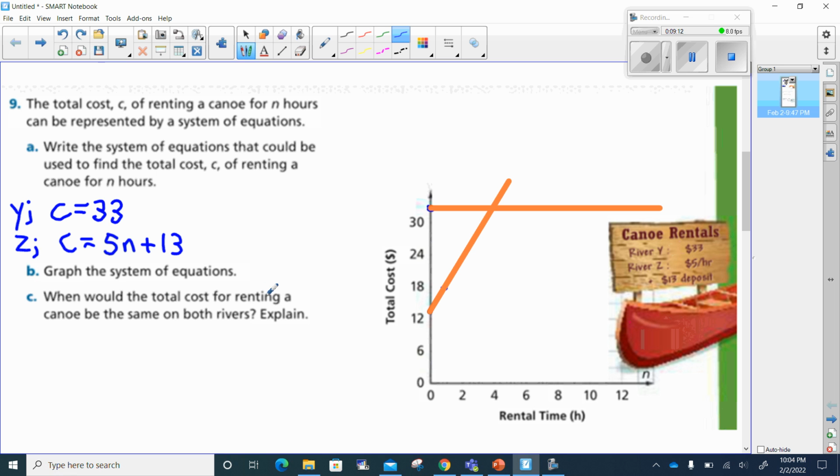It says, when would the total cost for renting canoe be the same? I could say then that 33 equals 5n plus 13. Now I have to subtract 3 from both sides. 33 minus 3 is 30.